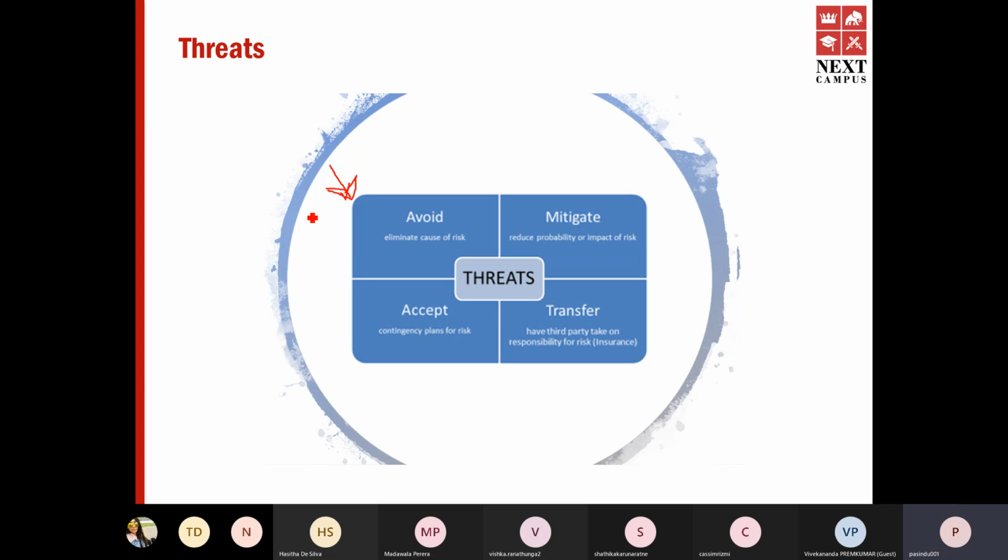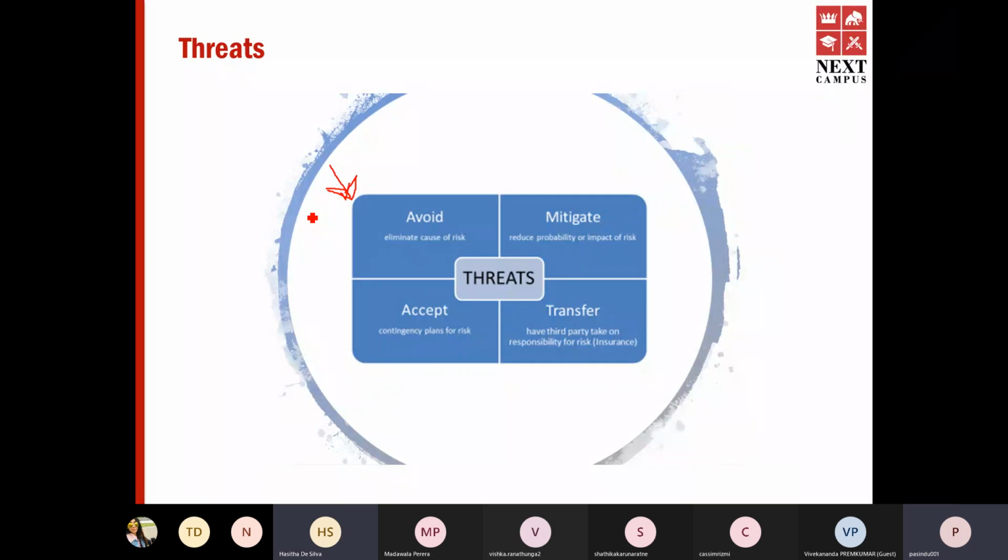How would you mitigate it? Hasita? I'm sorry, could you please repeat the question? Yeah, now we have an example. We have a car and the risk is when you drive the car, you can meet with an accident.